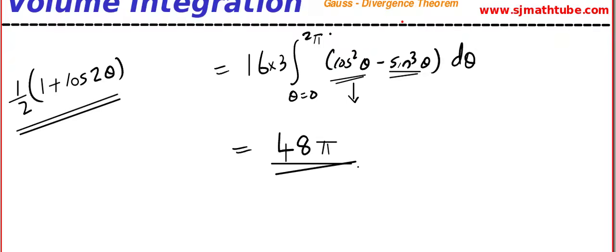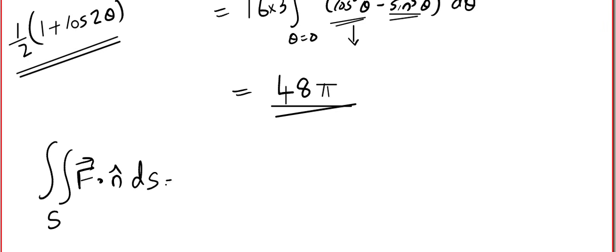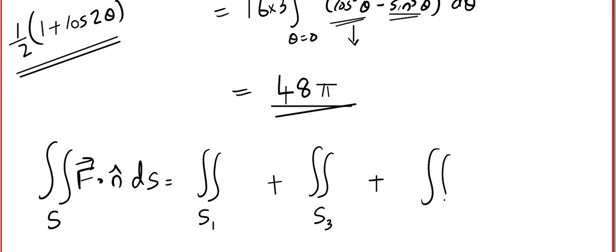So the total integral on the left, f dot n cap ds, will be, we did it with surface 1, we did it with surface 3, and we did it with surface 2.